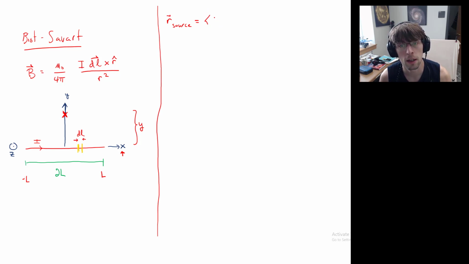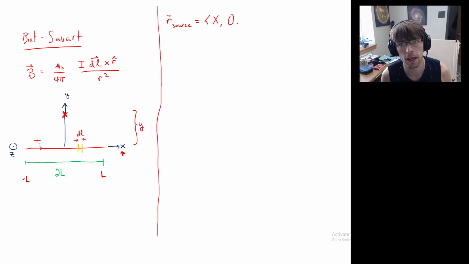Don't forget, since we're going to integrate from negative L to L, and I've aligned my source with the x-axis, the most general way to express the location of that little piece would just be using the variable x. And then we'll simply use the limits of integration to sweep out the ranges for the sources.